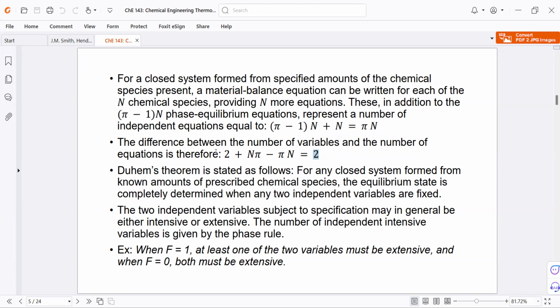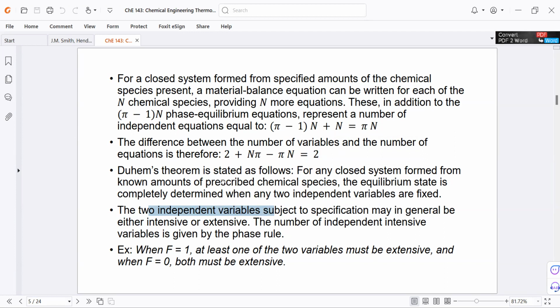Since in our consideration we included both intensive and extensive variables, the two independent variables that can be fixed can be either intensive or extensive. But the number of independent intensive variables is given by the phase rule.